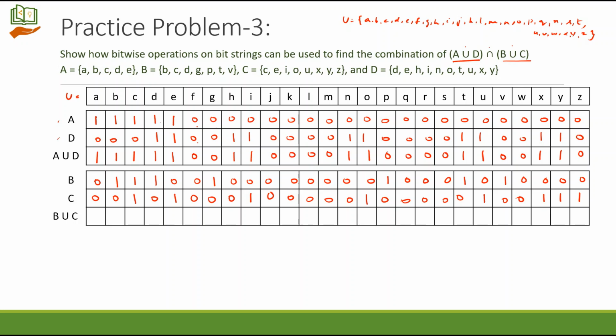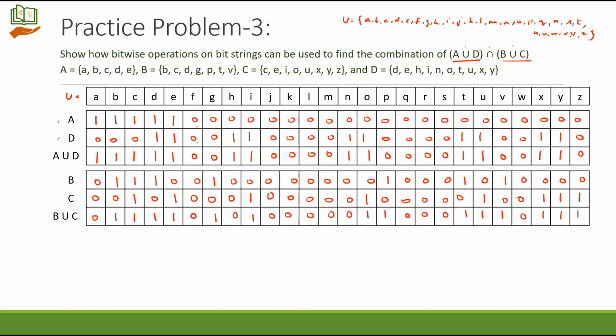Now we have to find B union C. So find the 0, 0 occurrences and mark 0. The remaining places can have 1.